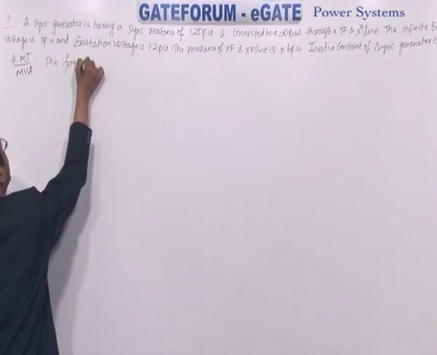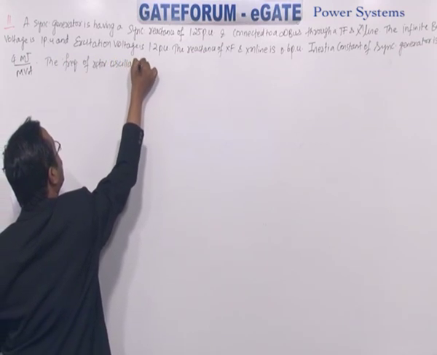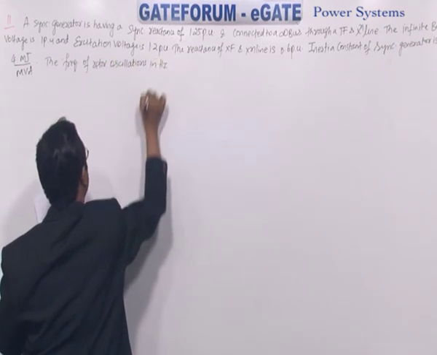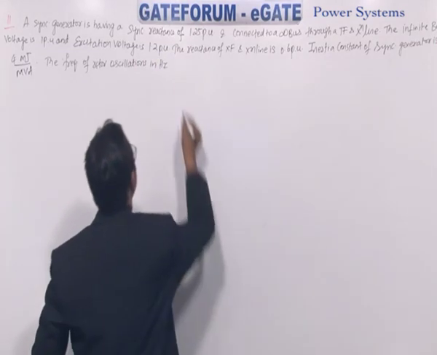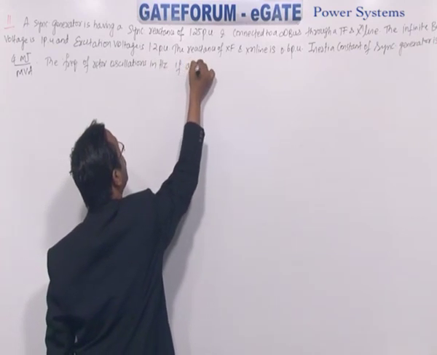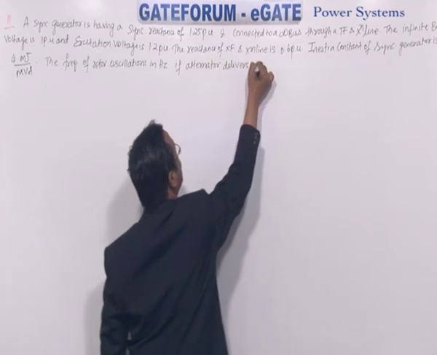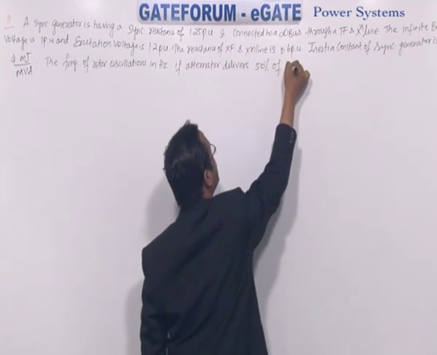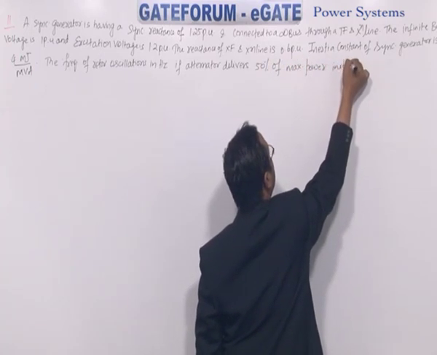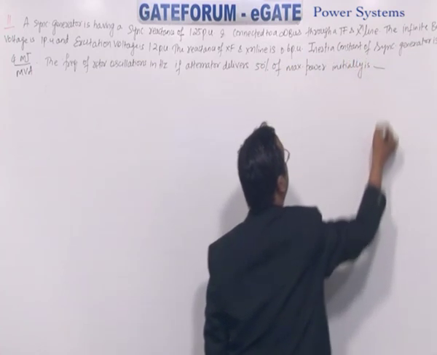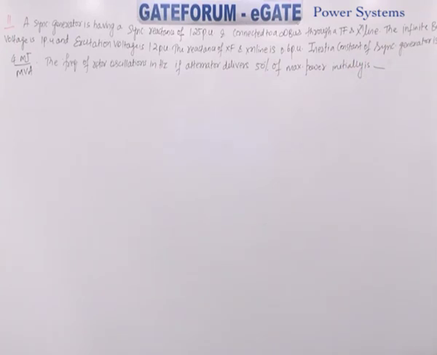So now we have to calculate the frequency of rotor oscillations in hertz, if the alternator delivers 50% of the maximum power initially. So this is what you have to calculate here.